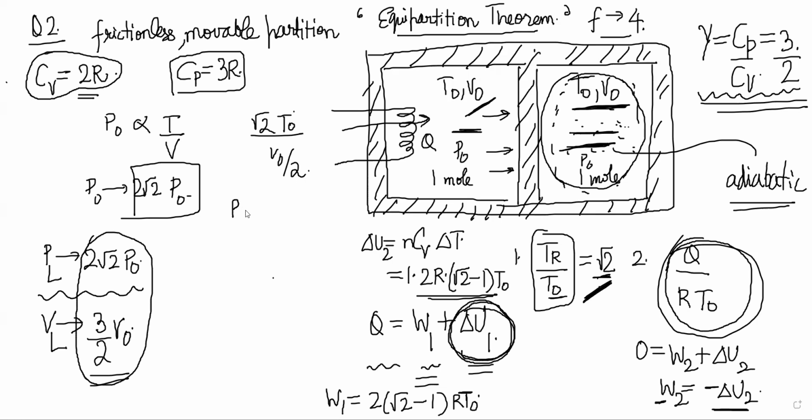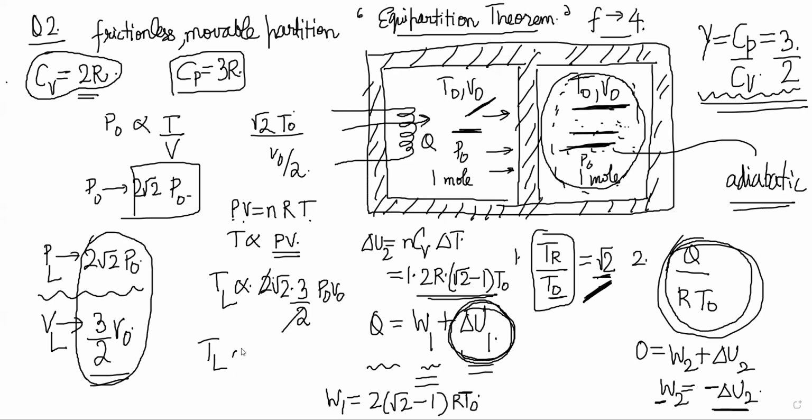Now again using gas law PV is nRT, we can see that temperature is proportional to the product of PV, right? Initially it was P naught, V naught, T naught. Final temperature now will be what? 2 root 2 into 3 by 2 P naught, V naught, right? So TL will be 3 root 2 T naught, right?